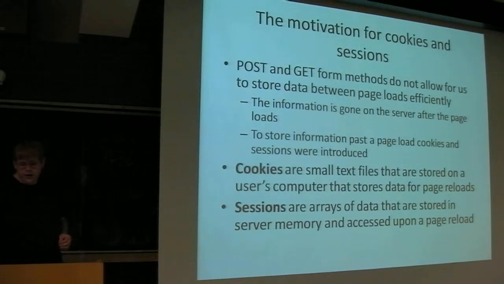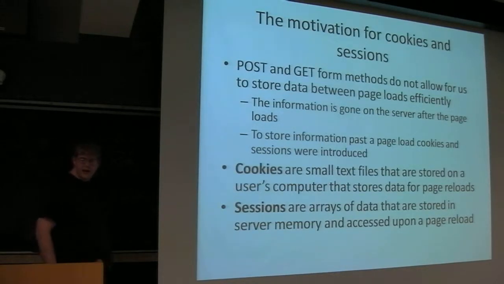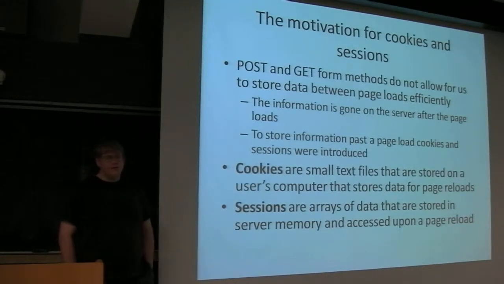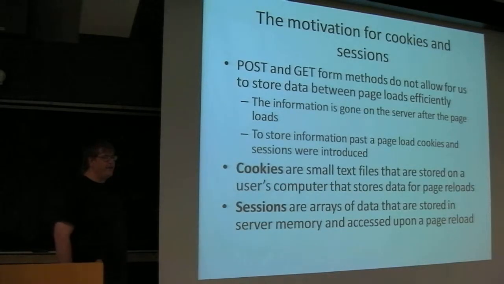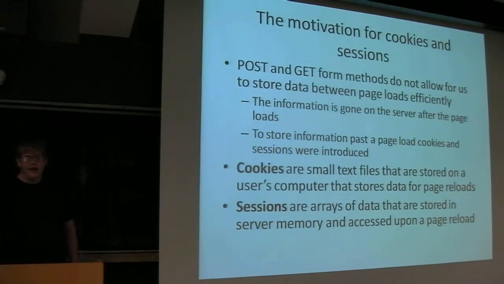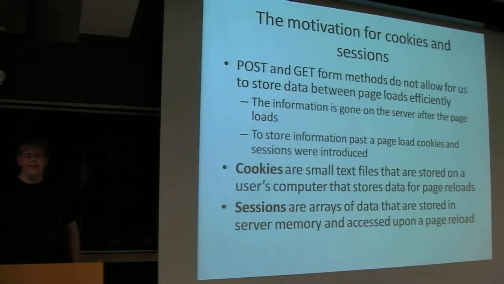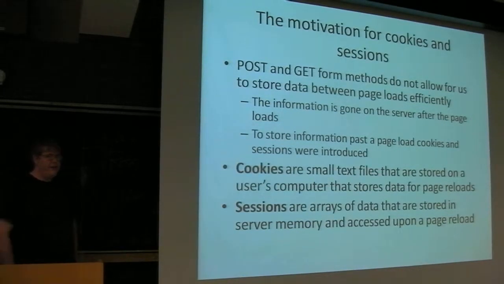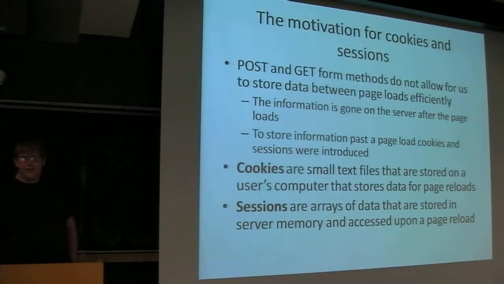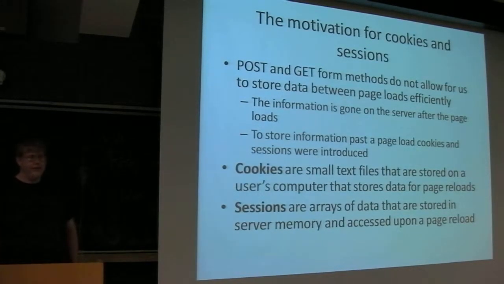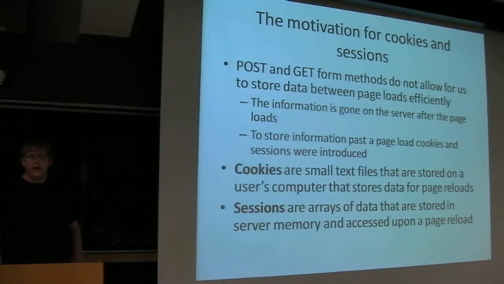And finally, motivation for cookies and sessions. Posting and GET don't store between page loads efficiently. They require the user's computer and possibly showing the user data that we don't want them to see. Cookies are on the user's computer, and sessions are stored on the server, and they persist for a certain amount of time, usually an hour, before they die off automatically.